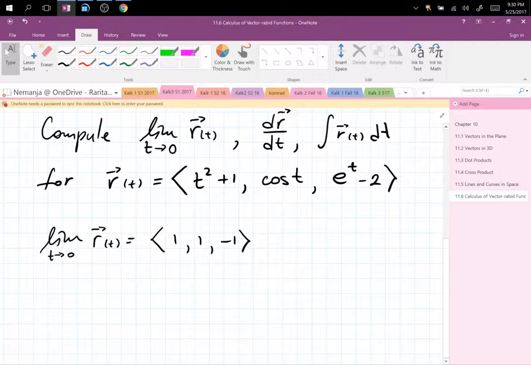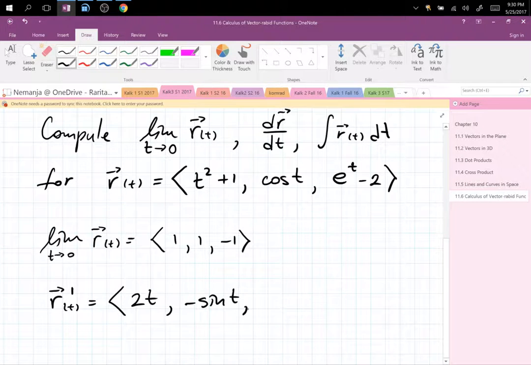The next concept is the derivative. So r prime, that's good enough to write, just r prime. The derivative is 2t, negative sine t, and just e to the t. Note that I did not ask you to compute this at any point.